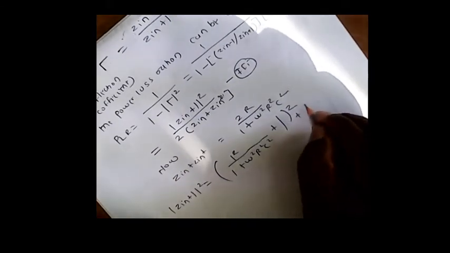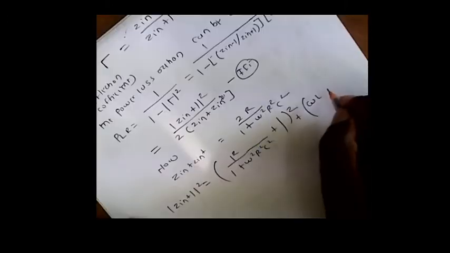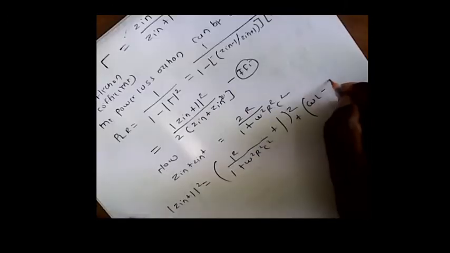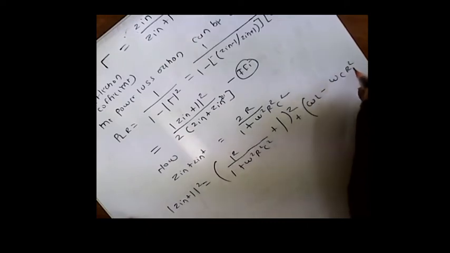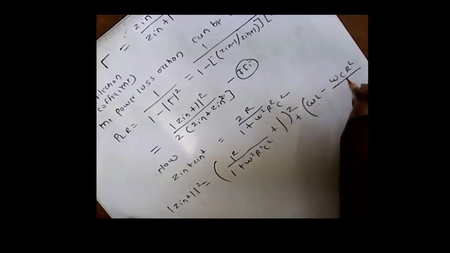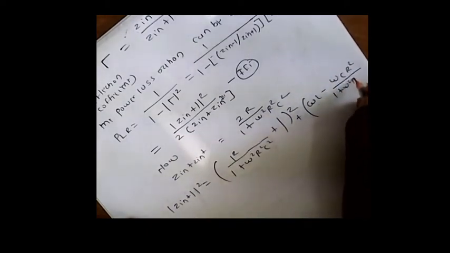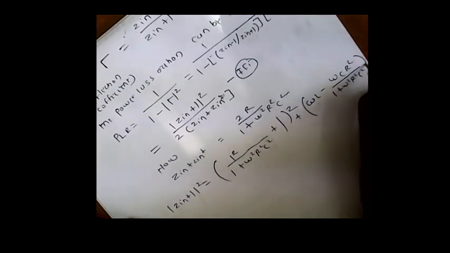We can find Zin plus 1 square, which becomes the square of R divided by 1 plus omega square R square C square, plus 1, plus the square of omega L minus omega C R square divided by 1 plus omega square R square C square.